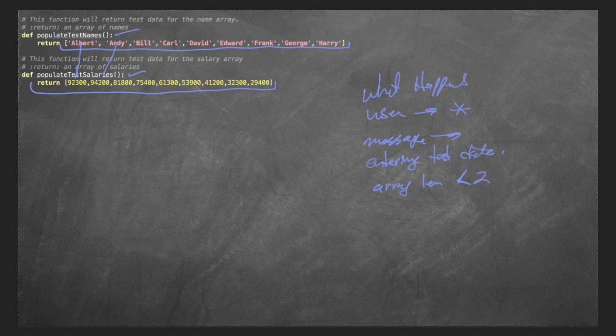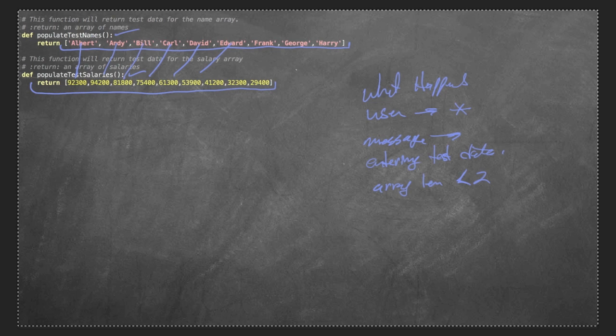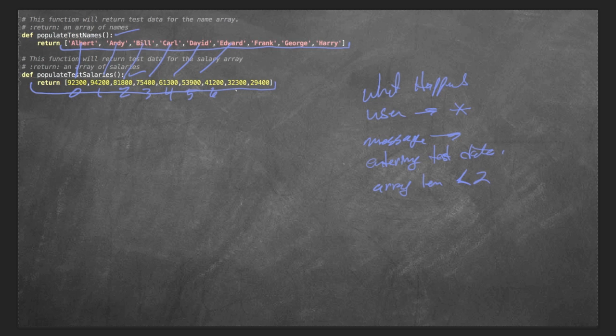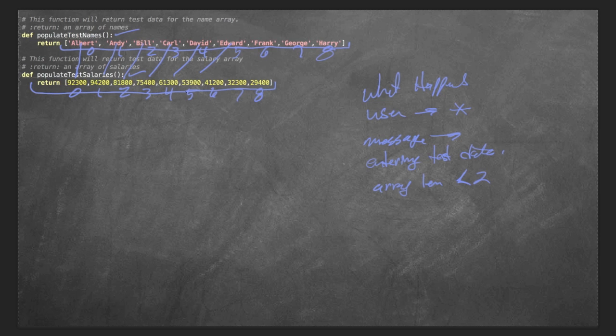Andy then gets this salary, Bill gets this one, Carl gets this one, David gets this one, Edward gets that, and so on and so forth. All because this is subscript 0, 1, 2, 3, 4, 5, 6, 7, and 8. And so it is up here 0, 1, 2, 3, 4, 5, 6, 7, and 8.